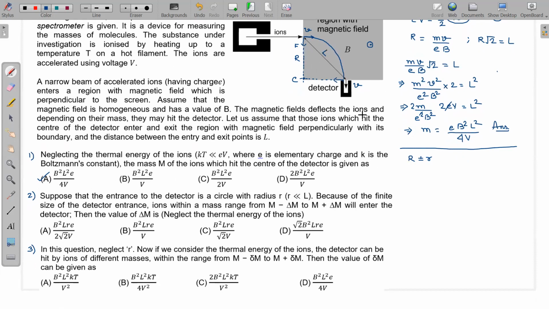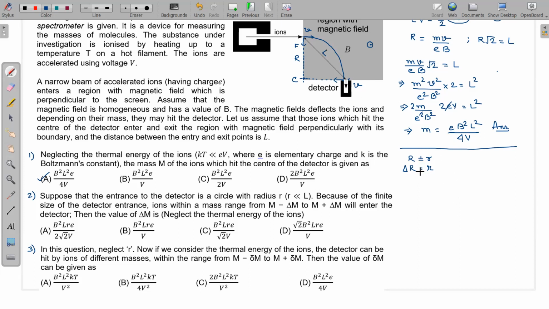And if the radius of this arc is capital R plus small r, then it will hit this right point at the entrance of the detector. So I can say that delta R is equal to small r. There can be a small error in the measurement of capital R, and that delta R, the small change in the radius, the allowed value of change in the radius for which this particle enters the detector, can be given as small r.